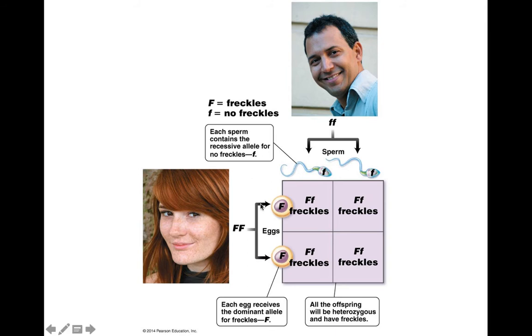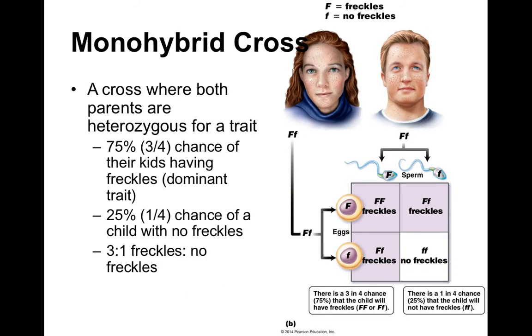And then if she is homozygous dominant for skin pigmentation, then the only thing she can contribute is the dominant allele, which means that all of their children will have the dominant phenotype, despite the fact that they are heterozygous. Because remember, with dominance, anytime there is the presence of the dominant allele, that will be expressed. So this is what we call a monohybrid cross.